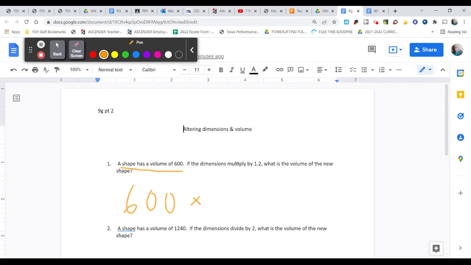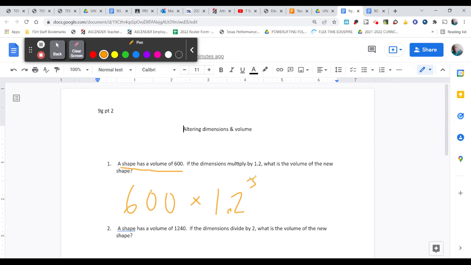We're going to multiply by 1.2 cubed, because we're talking about volume now, right? So the original volume is 600, with the dimensions multiplied by 1.2 cubed. All right?